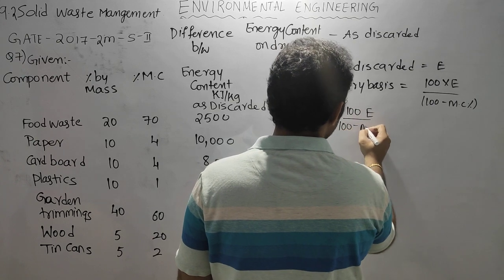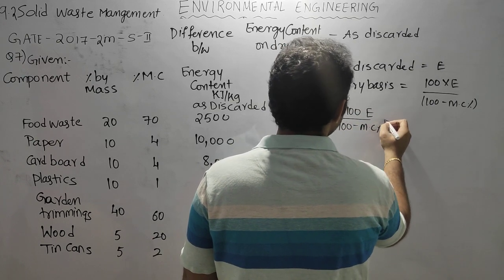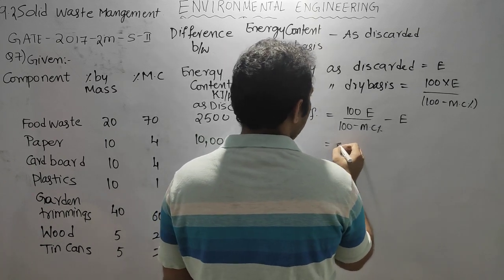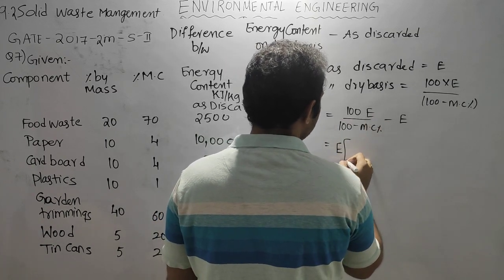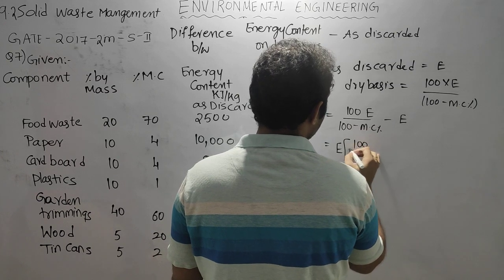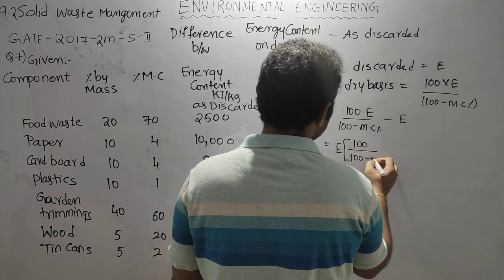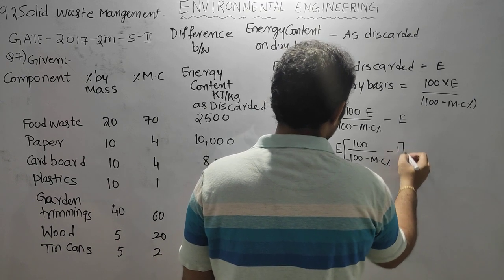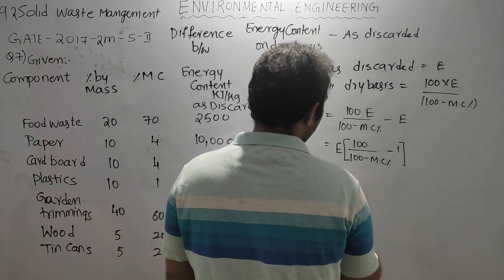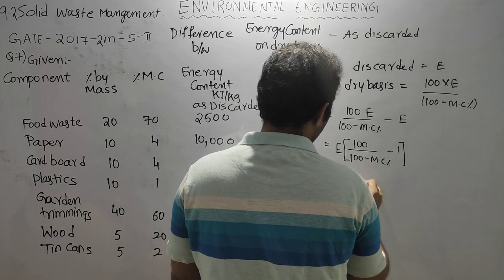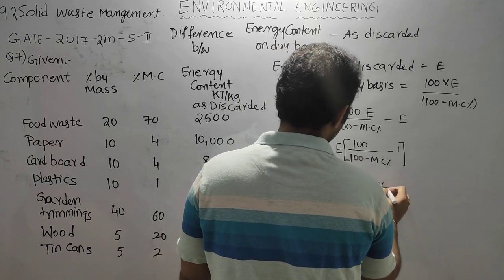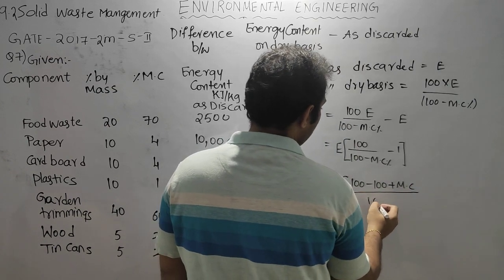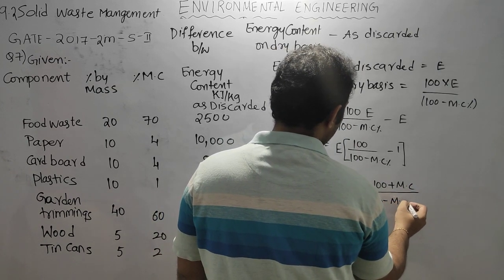So if I take E as common, it is 100 by 100 minus moisture content minus 1. So E into, if I take LCM, minus 100 plus moisture content by 100 minus moisture content.